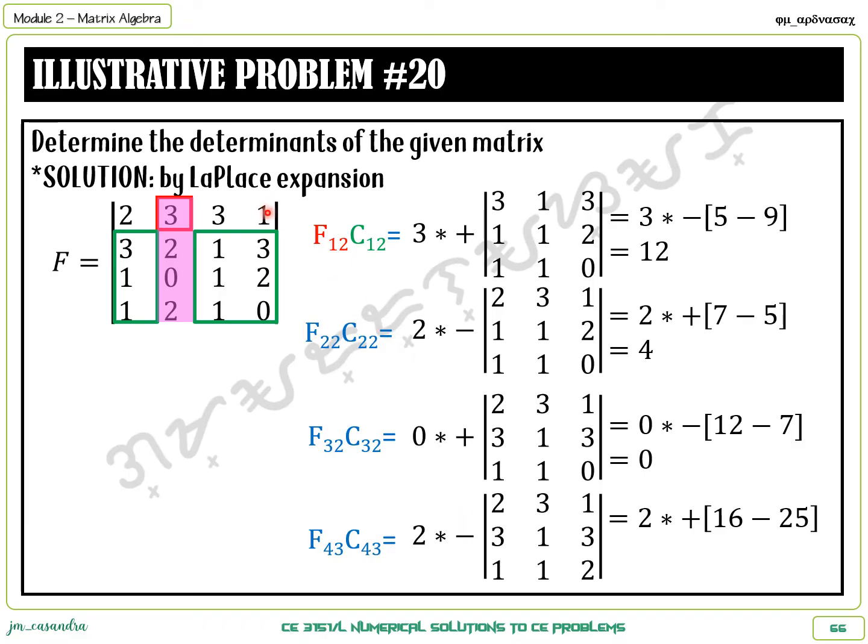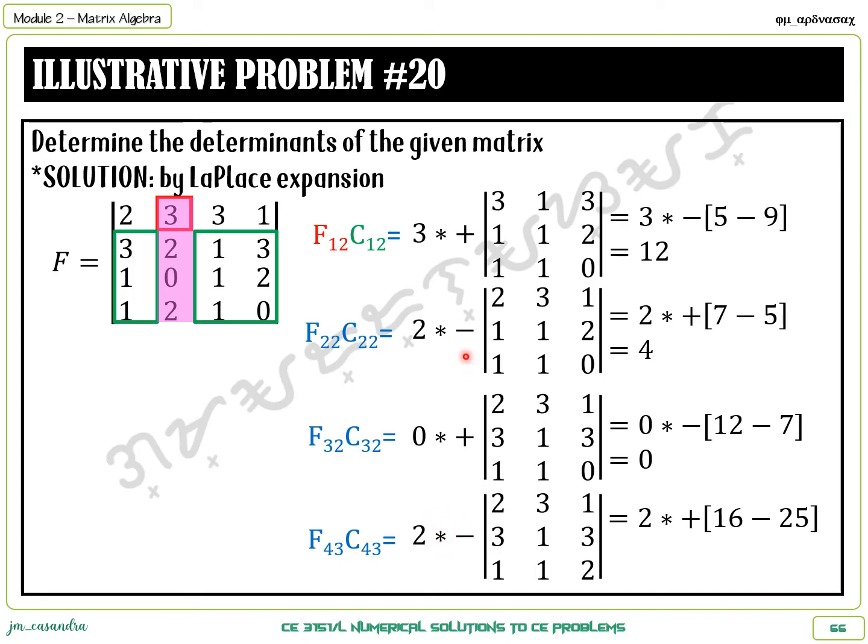So if I'm going to consider row 2, column 1, and if I'm going to consider the column, then the sign convention will be plus, minus, plus, minus. So same principle. Usual mistake for Laplace expansion is forgetting the sign convention for the cofactor or using the different sign convention.